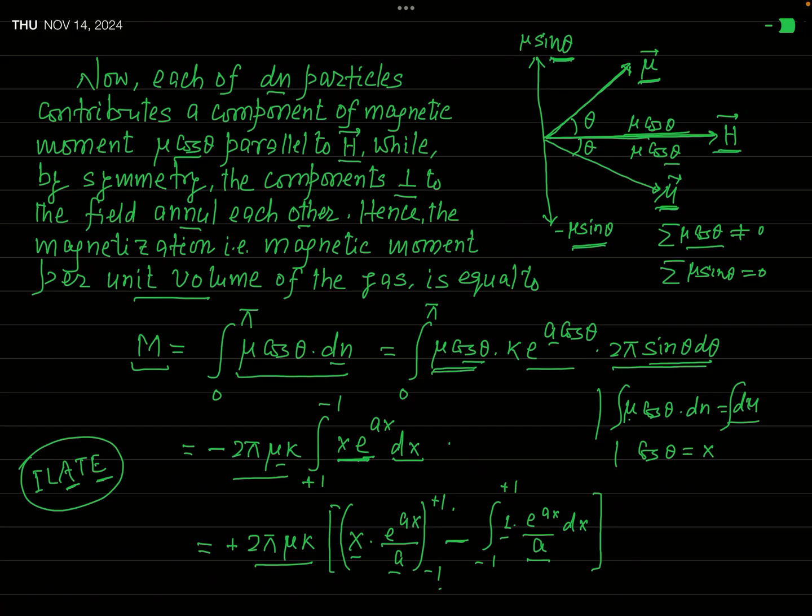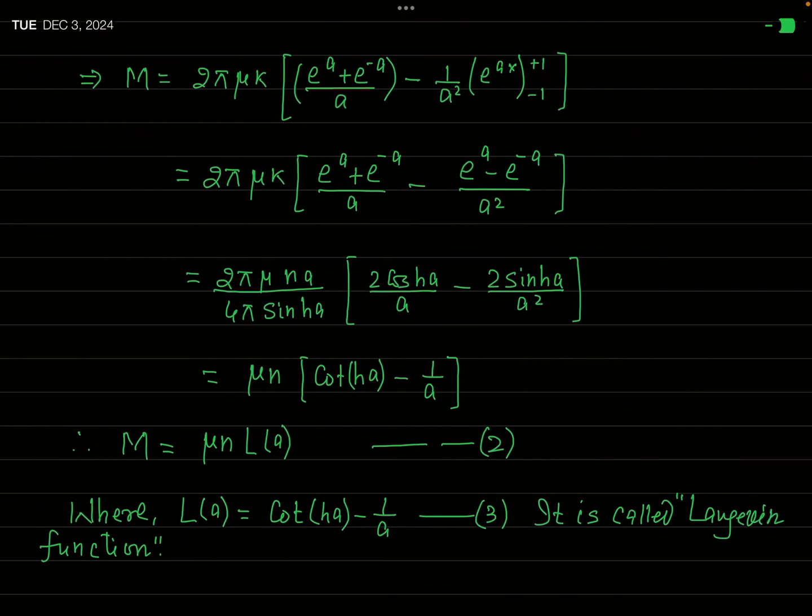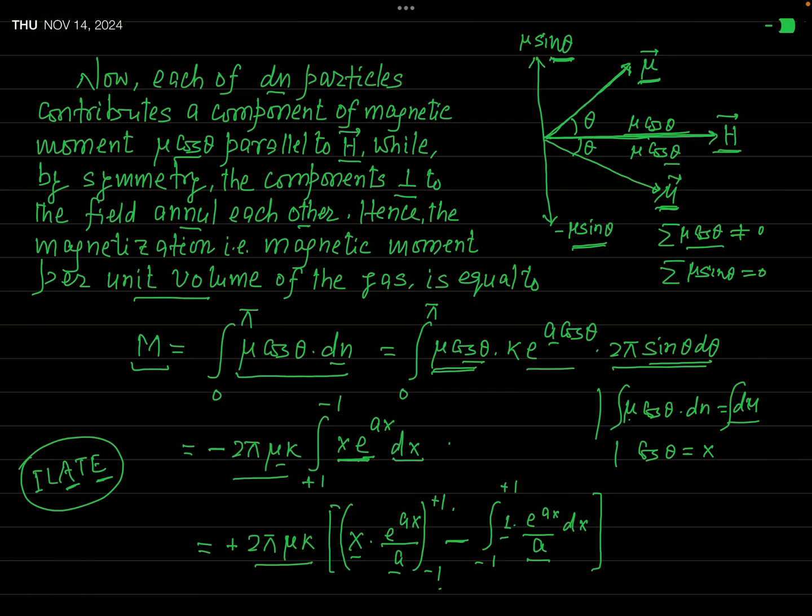Now let us simplify this result, and the simplification is very easy. You can see we will have 2 pi mu k. Now when you put the upper limit, x will be 1. So this is 1 times e to the power a over a. And when you put the lower limit minus 1, then this will be minus 1 times e to the power minus a by a.